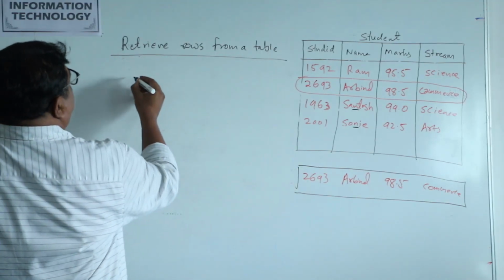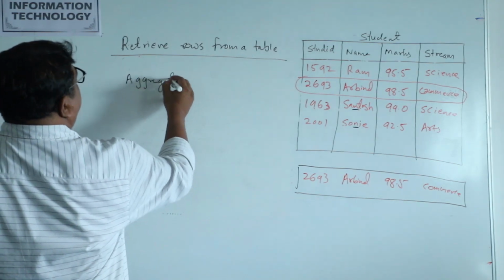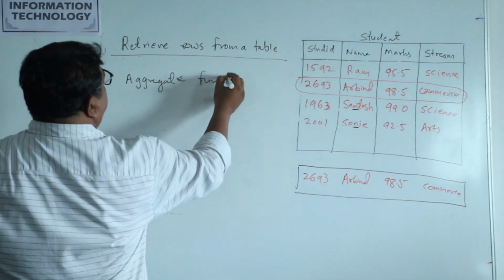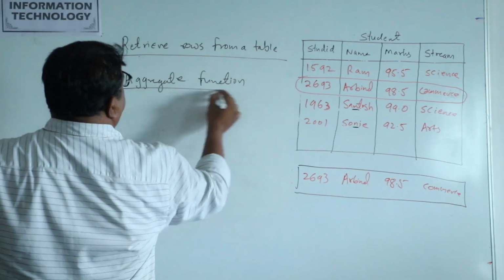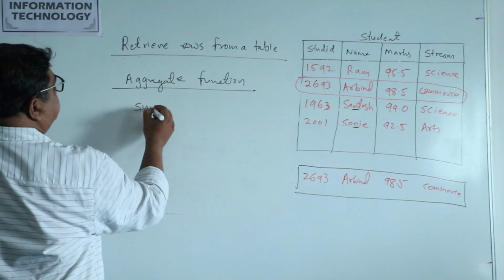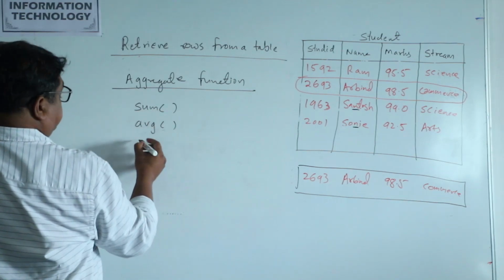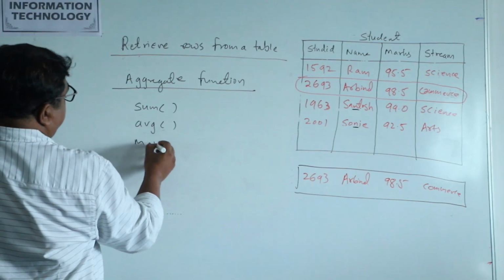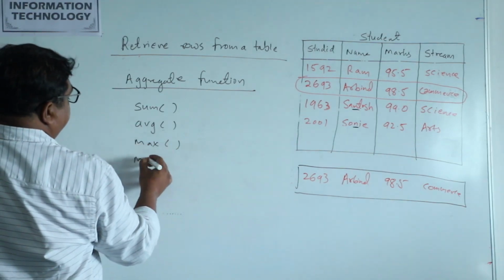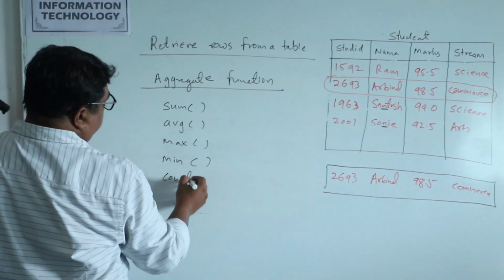Suppose aggregate functions. What are the aggregate functions used in SQL? We have sum, average, max, min, and count.